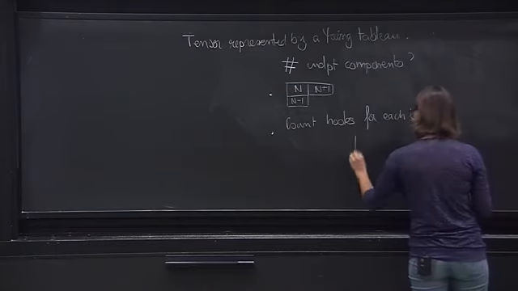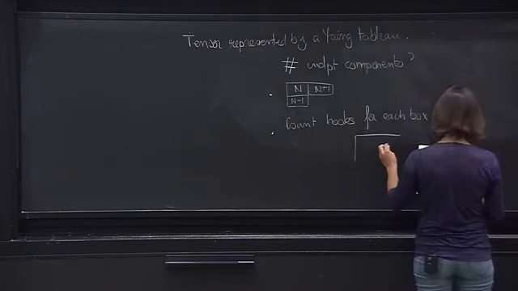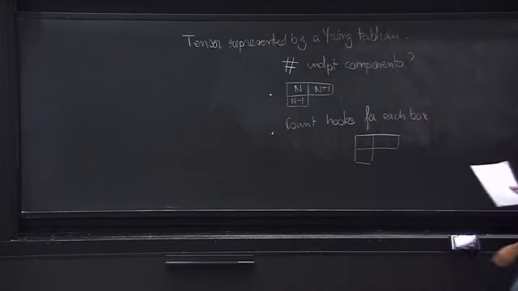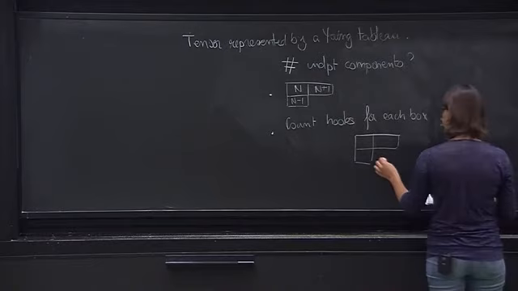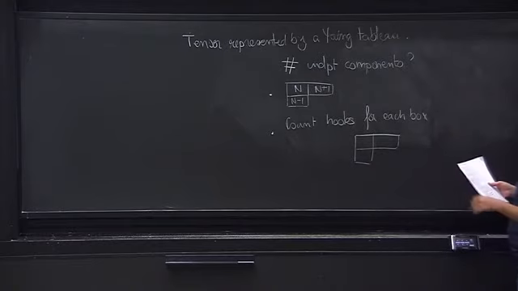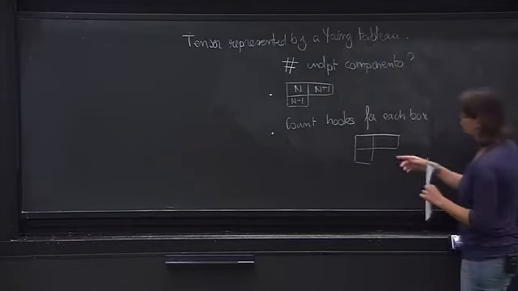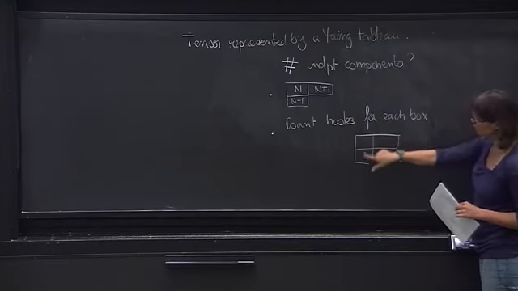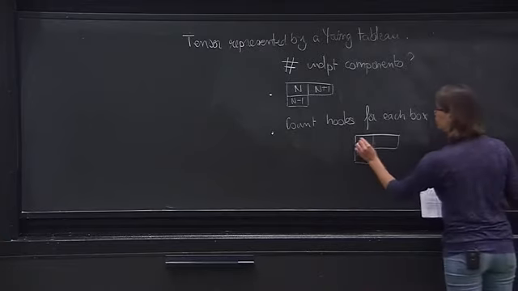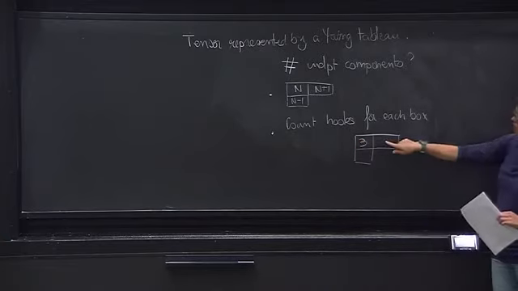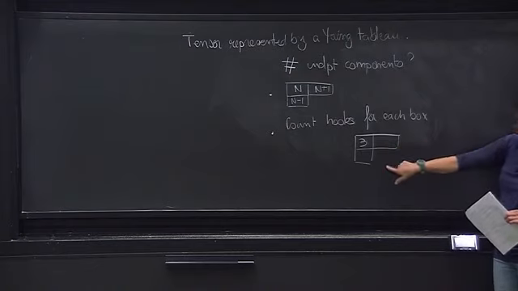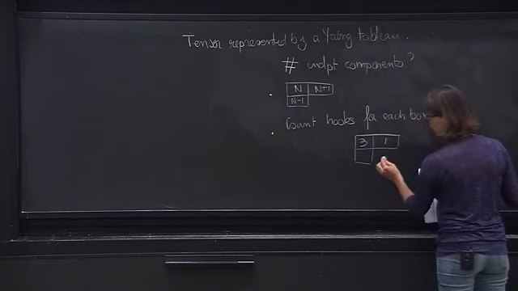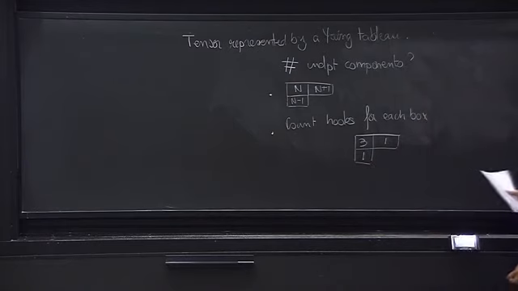A hook starts from one box and goes right and down. The hook number of the box is the number of boxes to the right plus the number of boxes below it, plus 1 for itself. For example, here I have 1 on the right, plus 1 down, plus 1 for itself, so I get 3. For this box, there is nothing on the right and nothing below, so it's just 1. And here also nothing below and nothing on the right, so it's just 1 for itself.